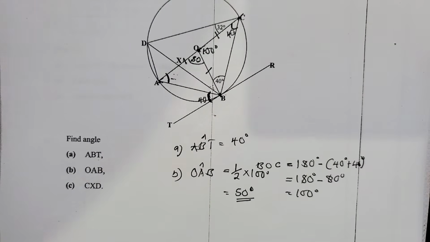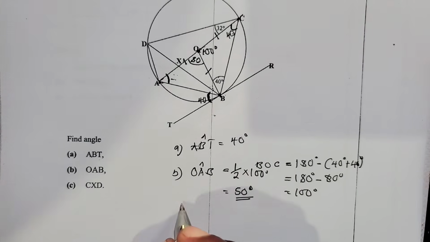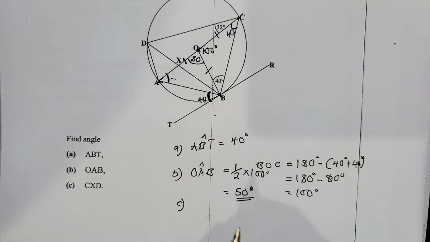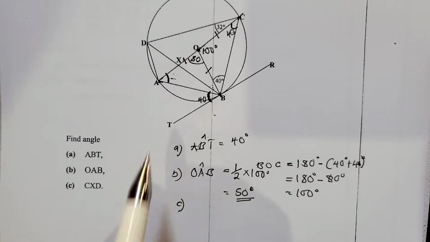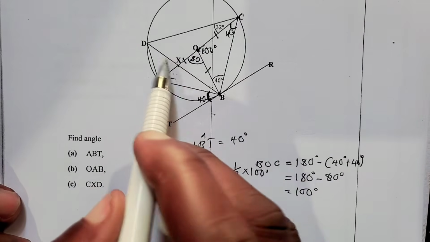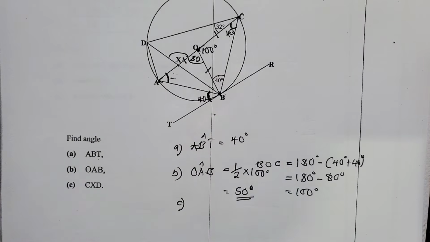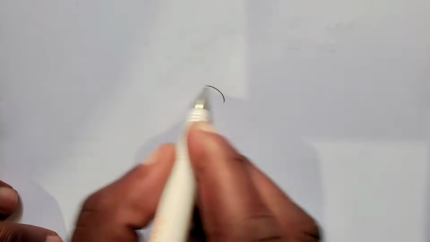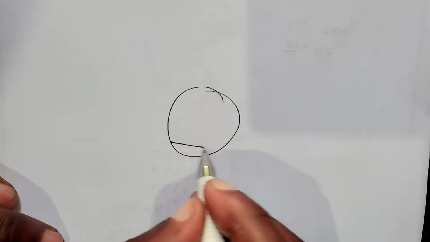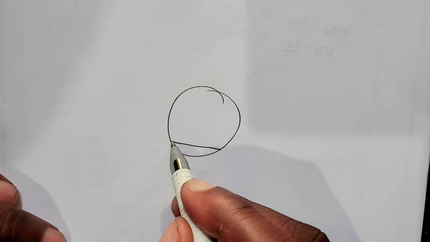The last one, which is the 2-mark question, C, we are asked to find CXD. This one. What you can do, let me just show you another property here. If I have a circle here, then I have this chord or segment.